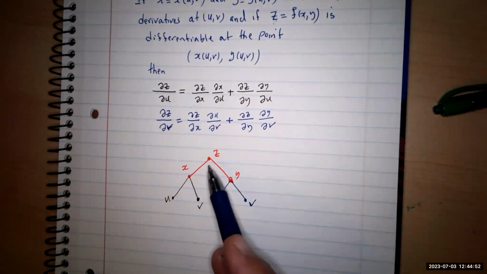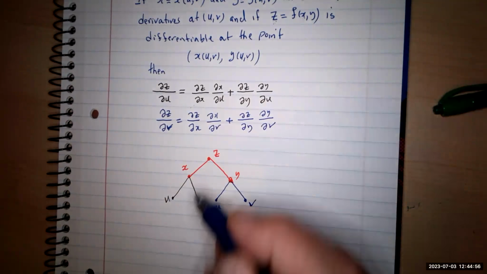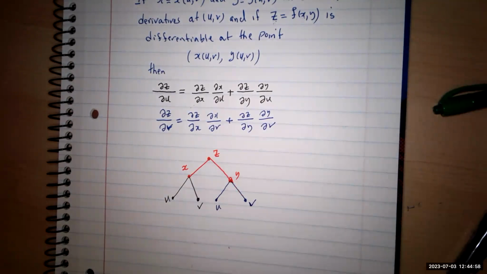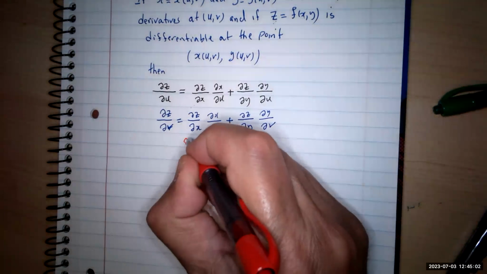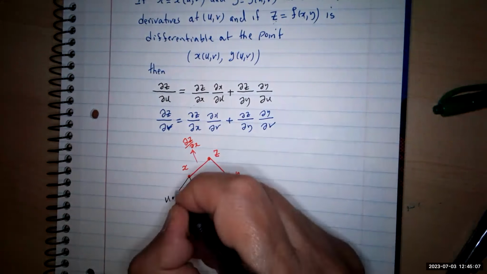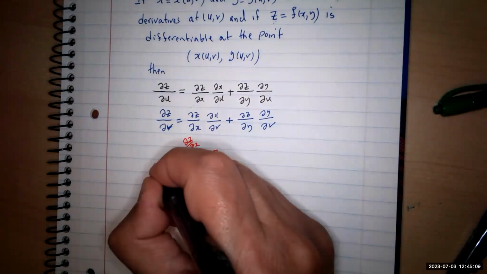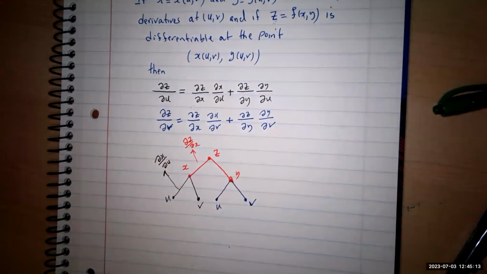As you go on, you just find the derivative. These are going to be all partial derivatives. So when you go from here, this is going to be ∂z/∂x. If you go from here, it's x to the u, so it's going to be ∂x/∂u.